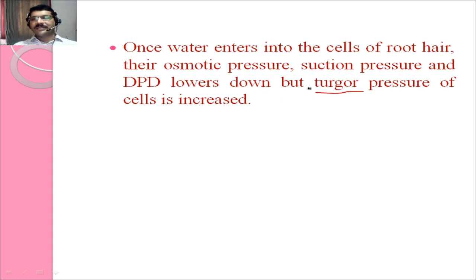Due to this turgidity, the turgor pressure of that cell is increased. So after entry of water, that cell has decreased osmotic pressure, suction pressure as well as DPD, but increased turgor pressure.